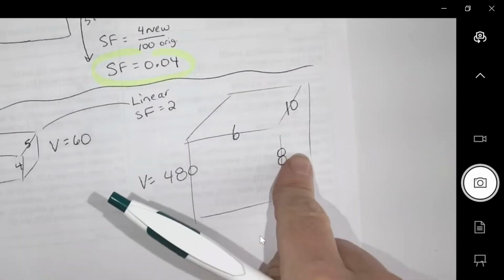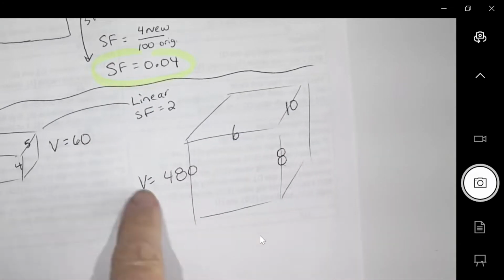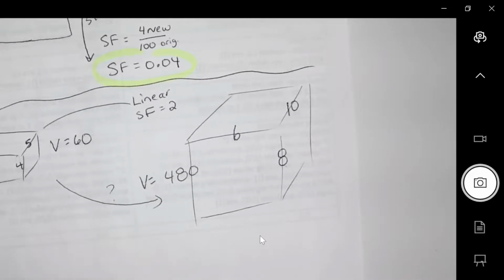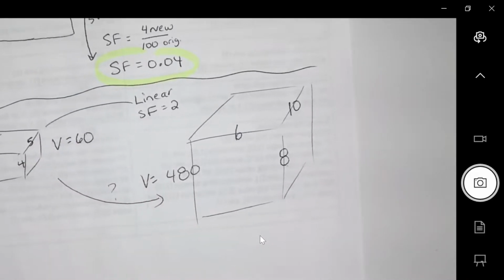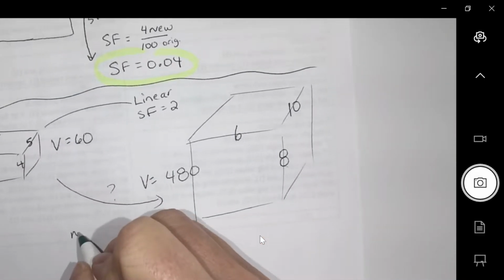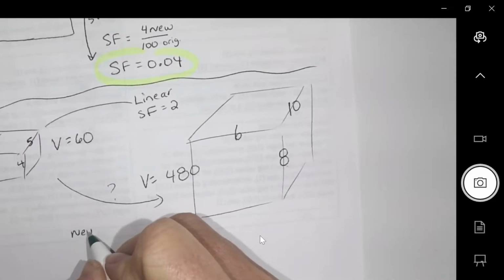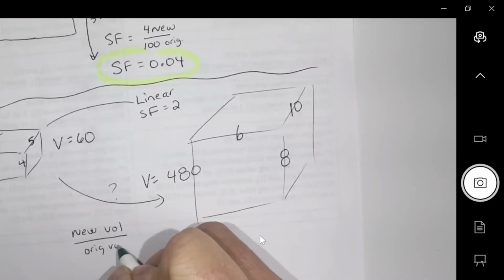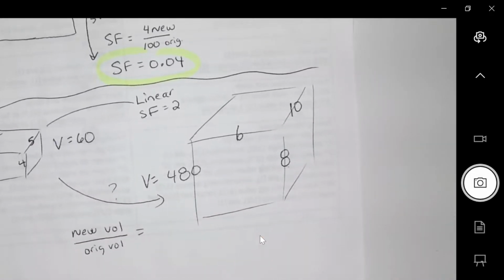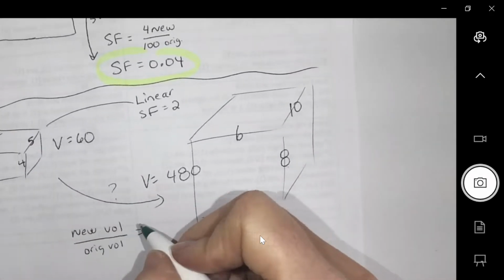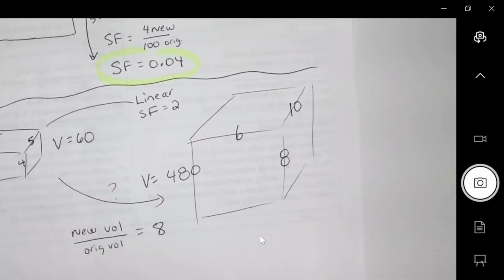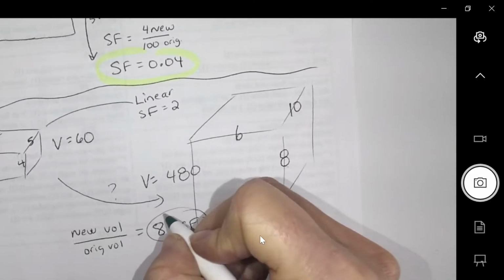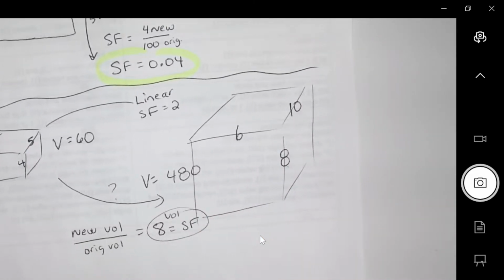Well, that didn't double. Okay, my sides doubled, but the volume did what? So I'm going to divide those to see what happened. The new volume divided by the original volume is 8. So the scale factor of the volumes is 8.